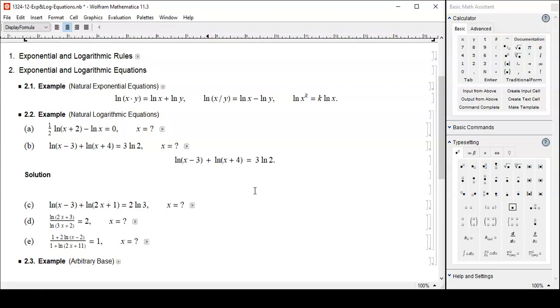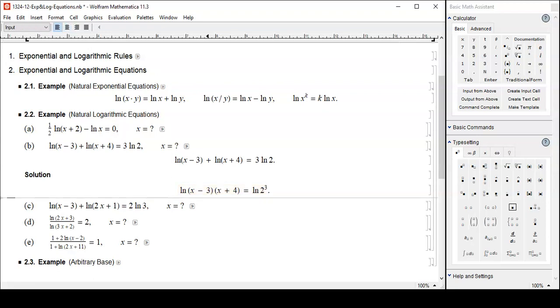Nothing in the left-hand side, so we can do this one right away. So log plus log, so we have log of multiplication, log of x minus 3 times x plus 4, and then we have this 3 here, so flip it over to the power.